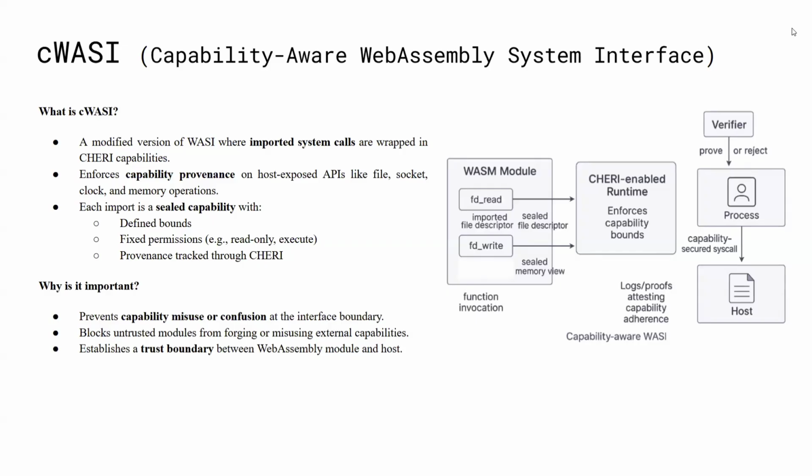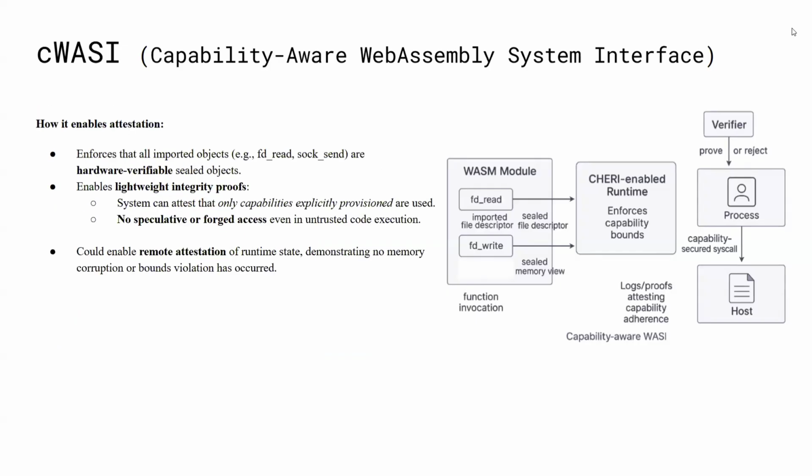And with this, what we also came up with is enclaves, where you can do attestations. Whether it is a local attestation or a remote attestation, you can first connect to a WebAssembly module that is running inside a CHERI, that is inside the cWAMR. You can first check the validity of that particular capability, whether the tag is still valid, and get that attestation report.